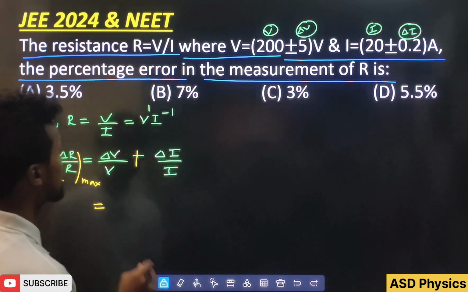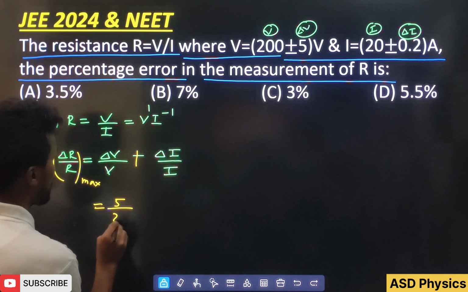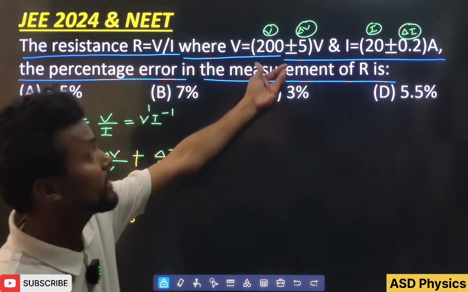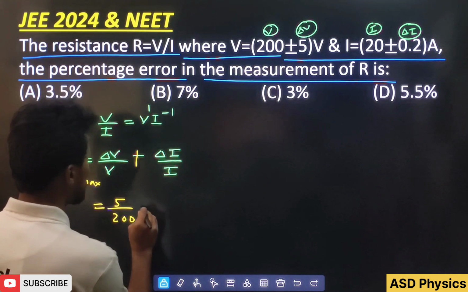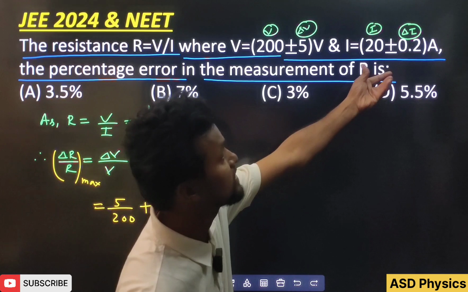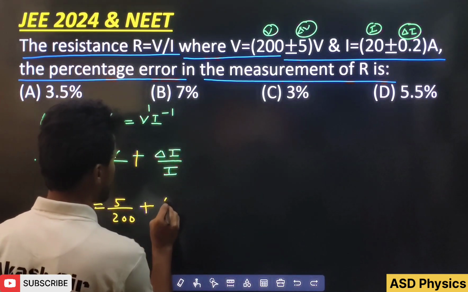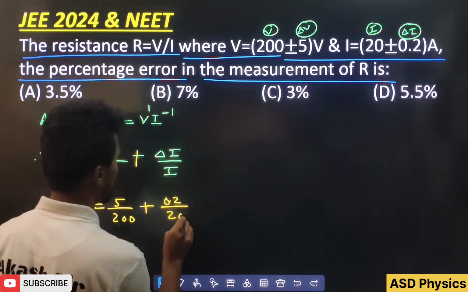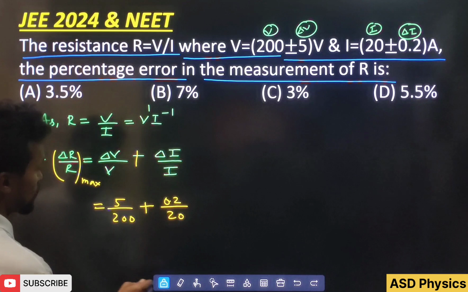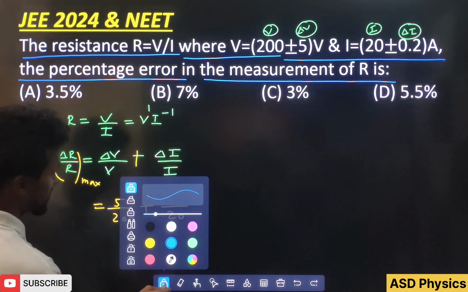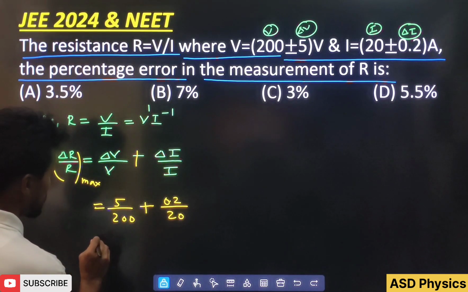Now we put in the values. Delta V is 5 and V is 200, so 5 by 200, plus delta I by I, which is 0.2 by 20. Now we simplify this.